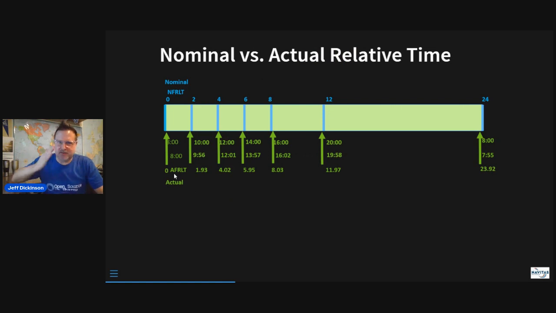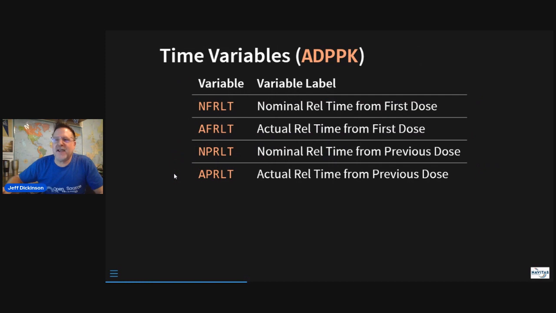There will be a scheduled set of time points for sampling, and then the actual time at which sampling occurs may be slightly different from that. So the nominal times will generally be used in displays of the concentrations, and actual times will be used in the modeling.